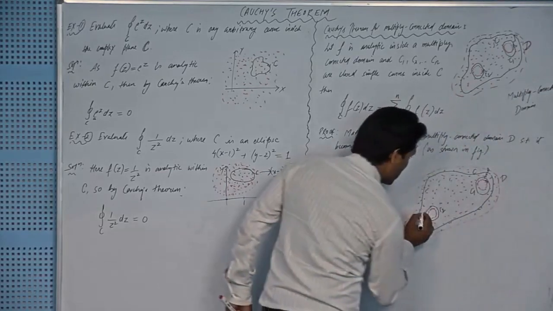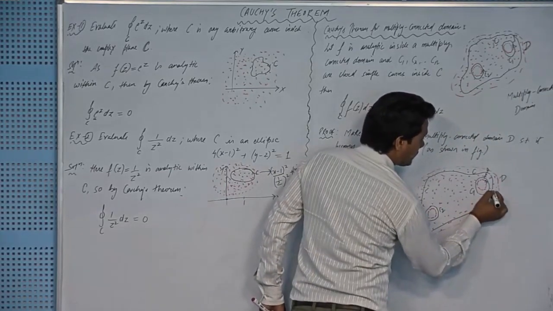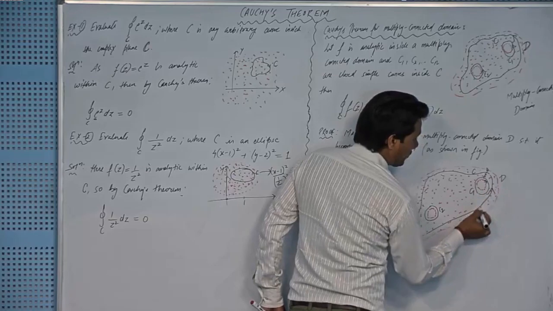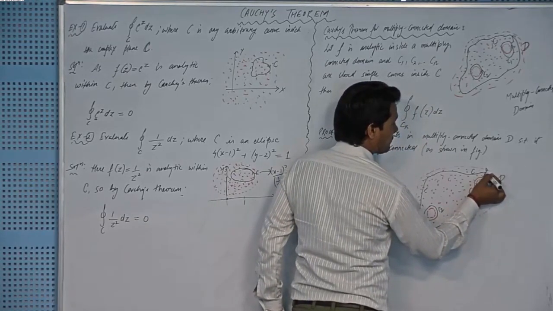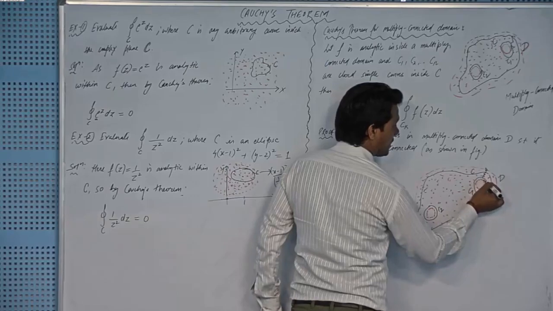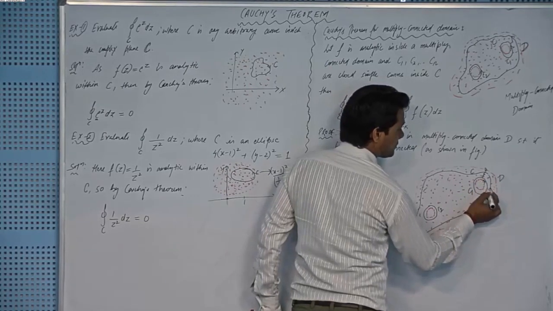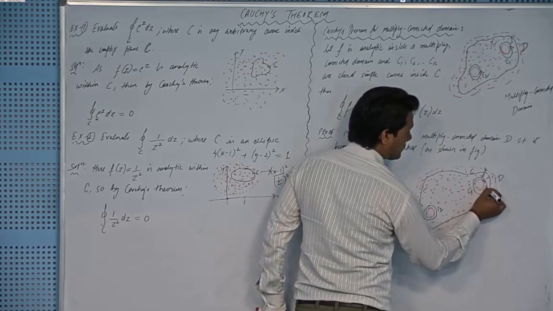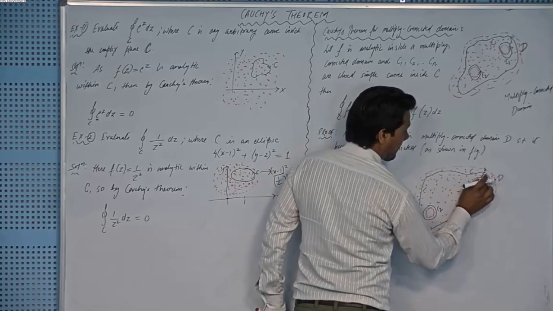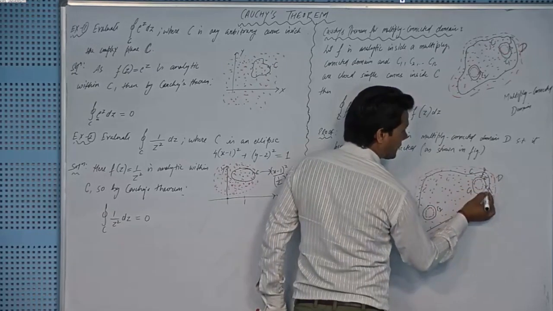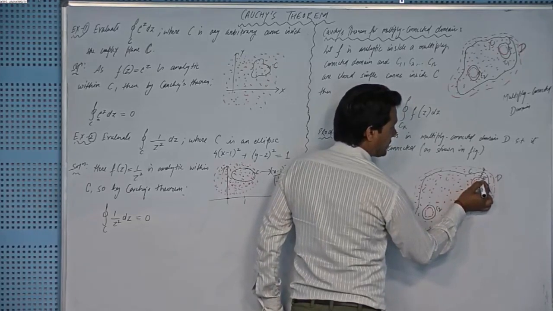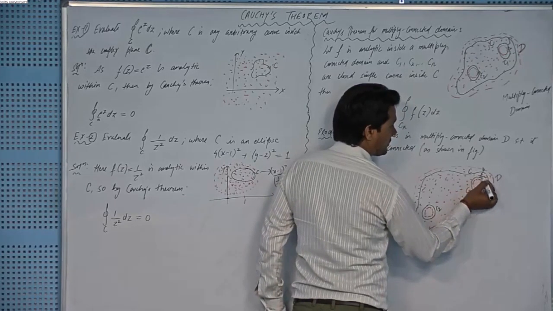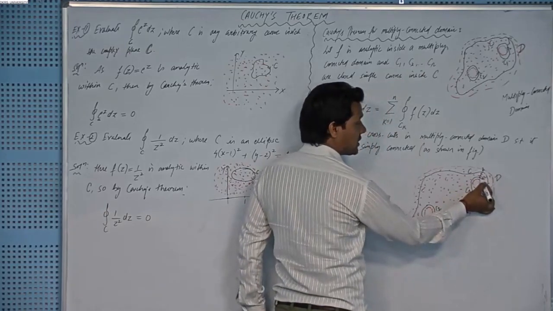And here a cross cut, and you can see that if you move anti-clockwise this way, then you can enter along this cross cut from this point in this way, and then you will go like this. This point is B point, okay, and then on moving along the boundary of C1, you will go back along this arrow, because this arrow has both directions, the inside direction and the outward direction.